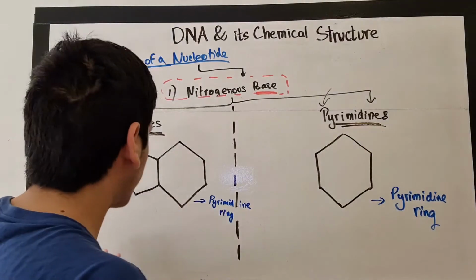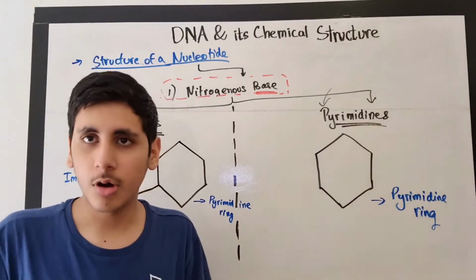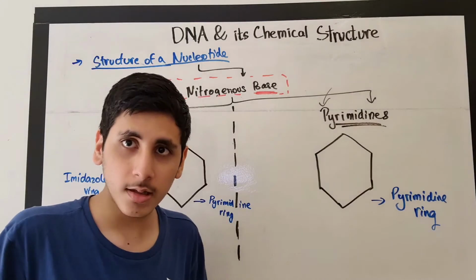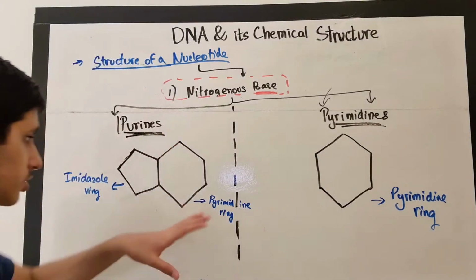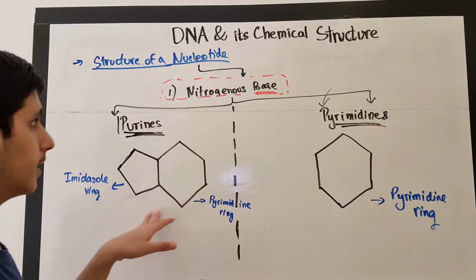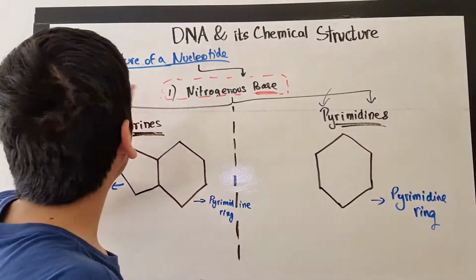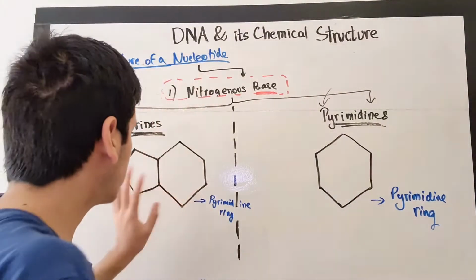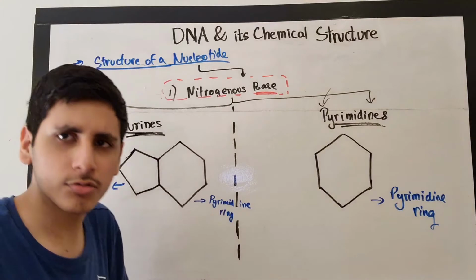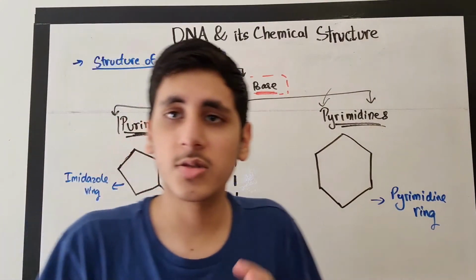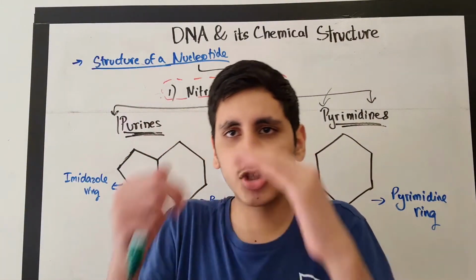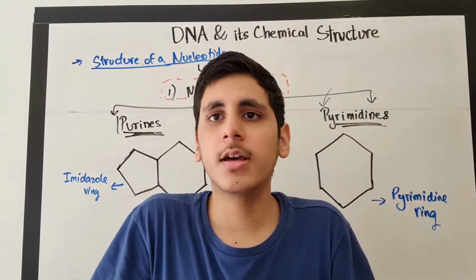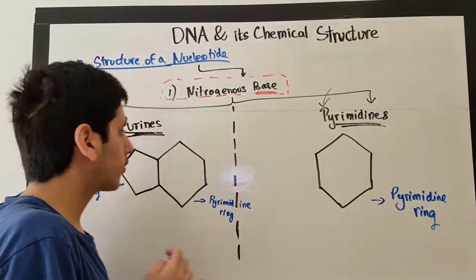So here's the thing. Generally, once we draw a polynucleotide chain, we generally just draw this as the component of a nucleotide. And the same thing goes for a structure of a sugar as well as the phosphate group. We're just generally showing the structure in forms of rings.